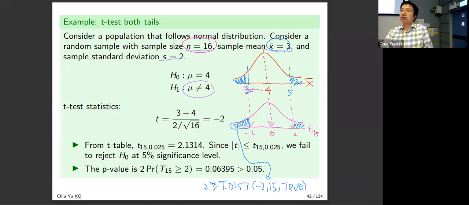Or the question will say, consider an auditor wants to make sure that it's actually 4. This will imply this is the case. So you really know from the question.